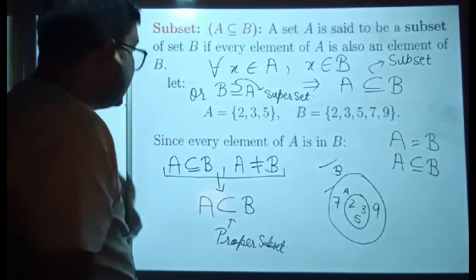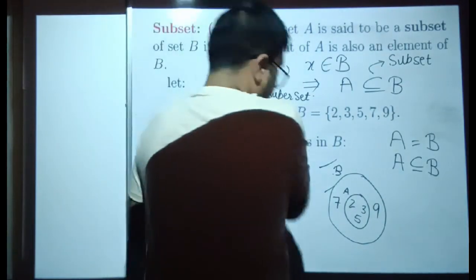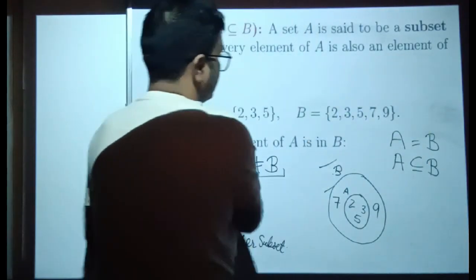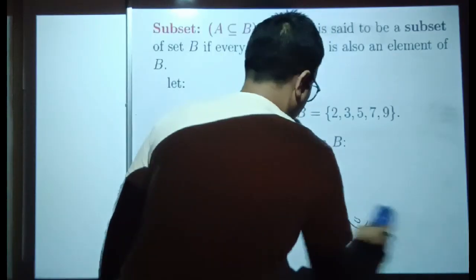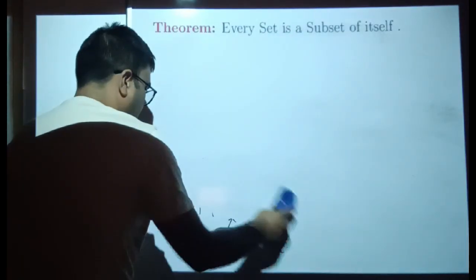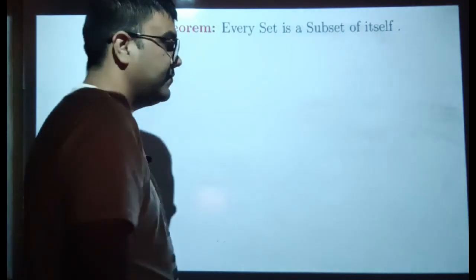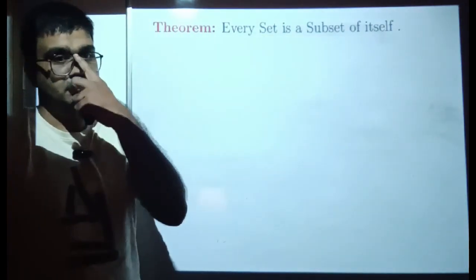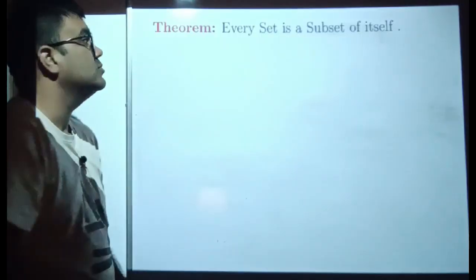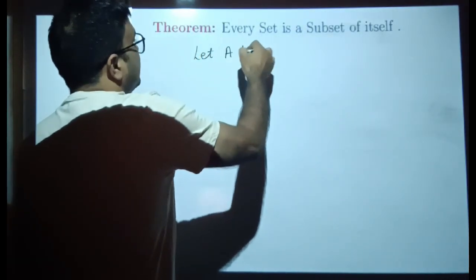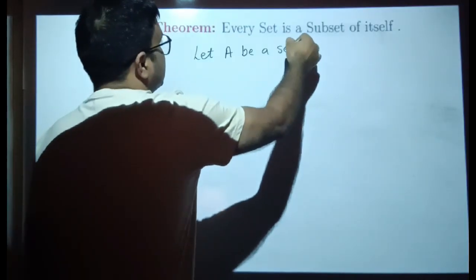So next we have certain results that we will discuss now. The first result is every set is a subset of itself. Suppose we have a set A. Let A be a set.